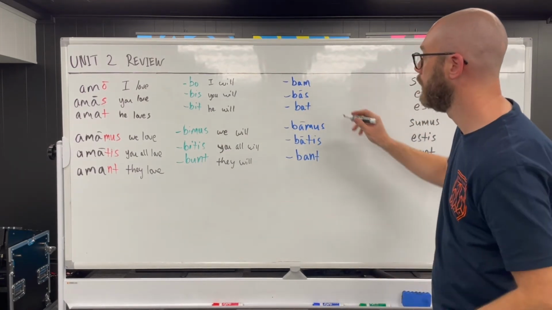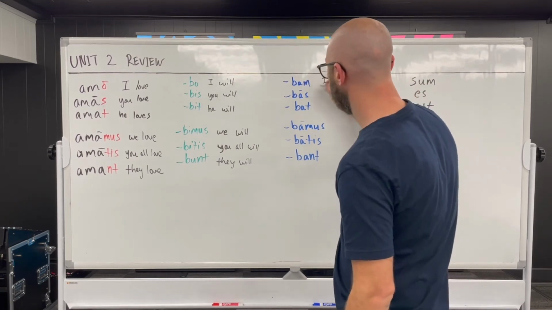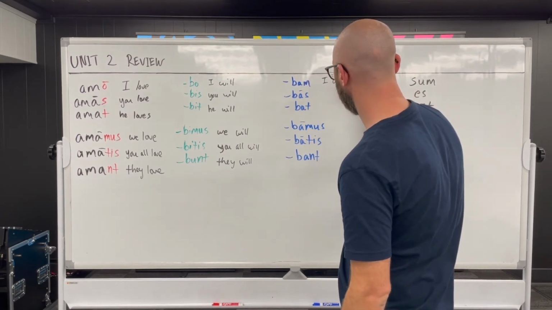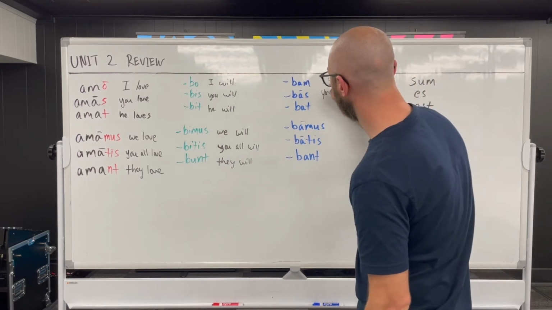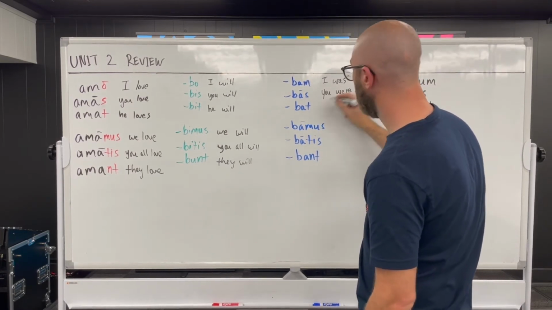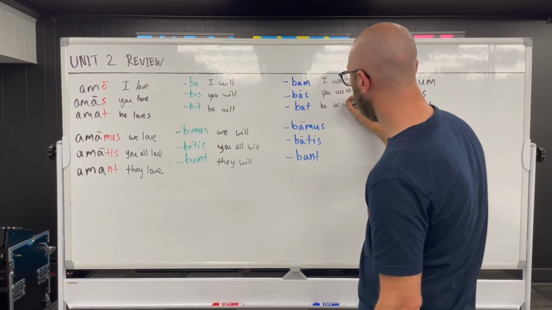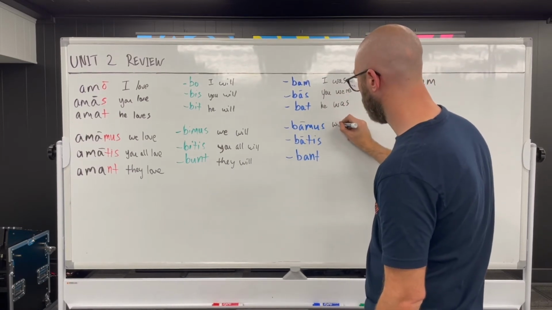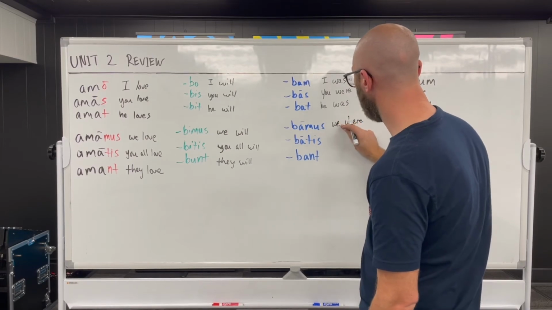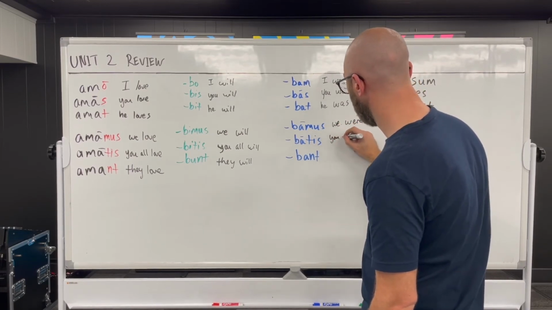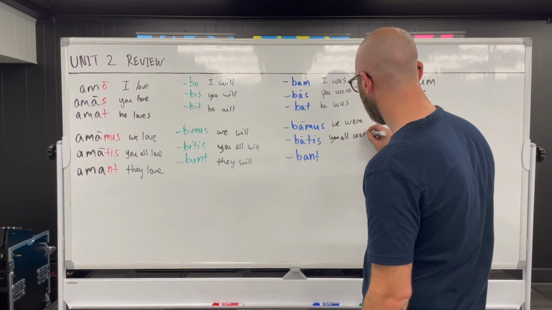Do you remember? Bam is I, and the imperfect tense is was or were. I was, bas. You were. Bat, he, she, or it was. Bamus, we were. Right? We were. Batis, you all were.